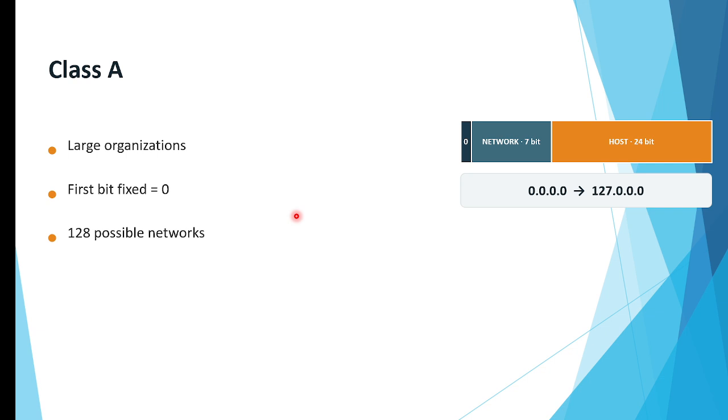Class A addresses were designed for the large organization. Here the first bit is fixed as 0, remaining 7 bits are used for net ID. All other 24 bits are used for the host ID. It gives 128 possible networks.